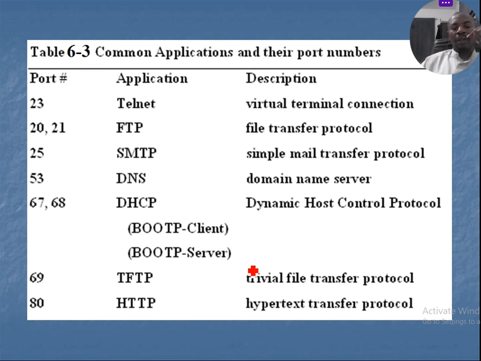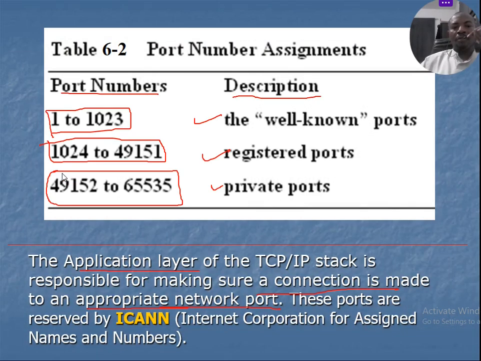Now let's take a look at another table, 6.3, common applications and their port numbers. We measure huge numbers for port applications. The private ports range from 49,152 to 65,535, so you can see these are huge numbers, not just small ones.